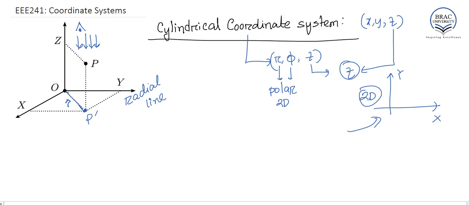So first of all, we would have to know the distance of P prime point from the origin. And we would also have to know the angle it has to cover, starting from the positive x-axis to get to the point over here.